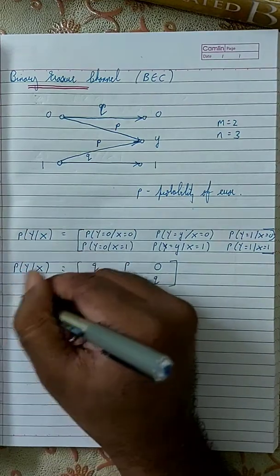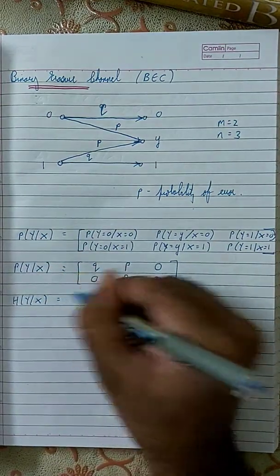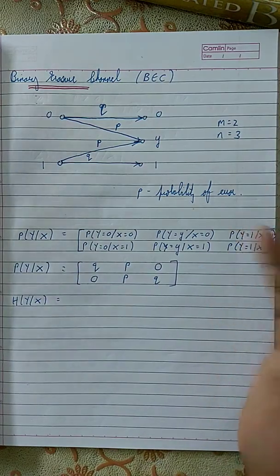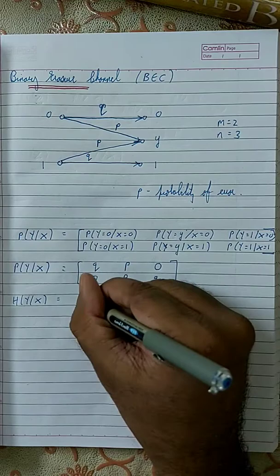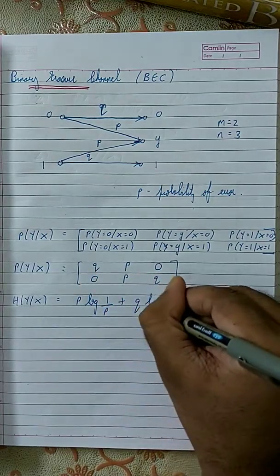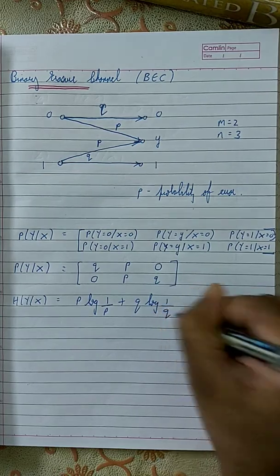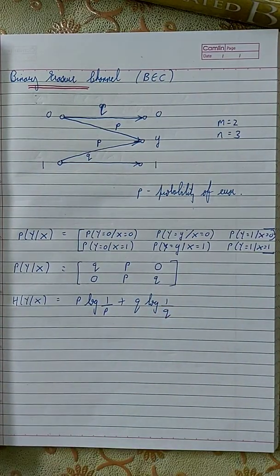So from here I can say that H of y by x is equal to the entropy of any one row. I'll take this row, which means the entropy is equal to P log 1 by P plus Q log 1 by Q. This is the equation for H of y by x.